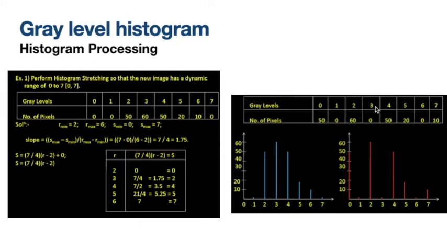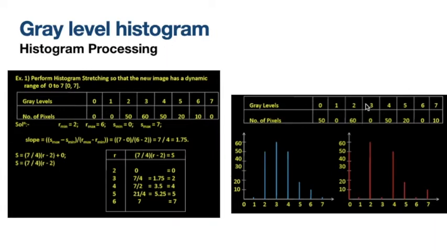Then gray level 2 corresponds to R equal to 3. For 3 the number of pixels is 60, so for gray level 2 the number of pixels will be 60.